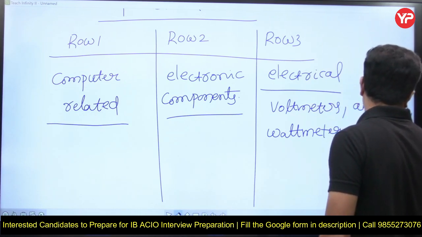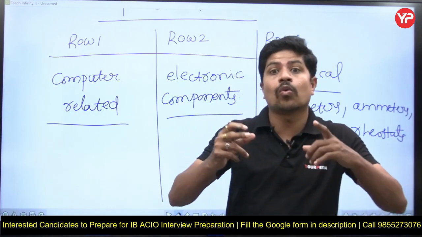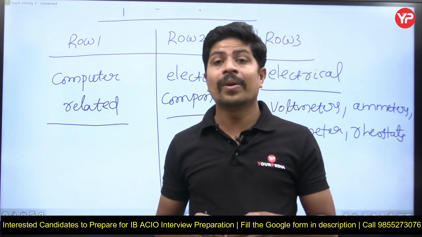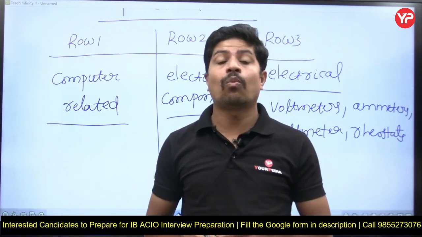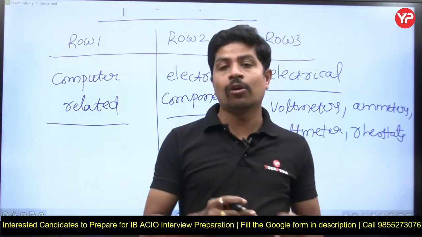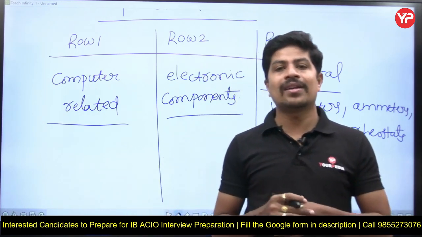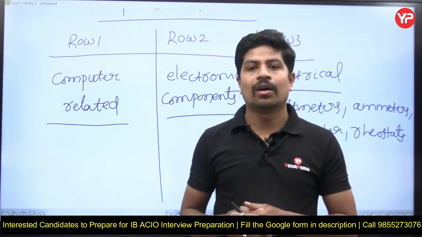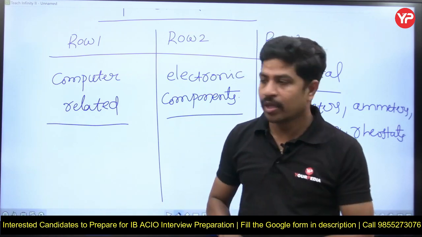So you must recognize these things, and how to connect the voltmeter and how to connect the ammeter. The voltmeter must be connected in parallel or in shunt, the ammeter must be connected in series, and for what purpose, what range of voltmeter or ammeter you have to select, and how to see the reading. There will be some errors like parallax errors, so how to observe the reading, those things are very, very important.